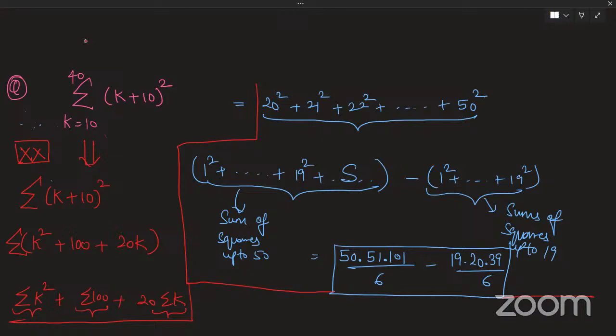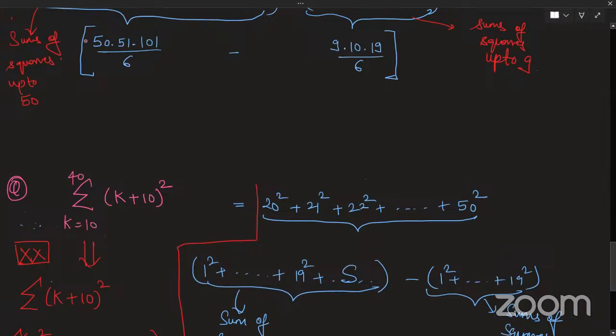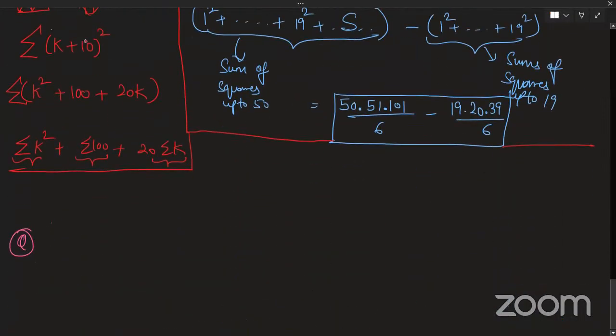I am asking the sum of squares of the first n natural numbers. Like 1 square plus 2 square plus 3 square, so on. If I take till n square, what is the formula for this thing?